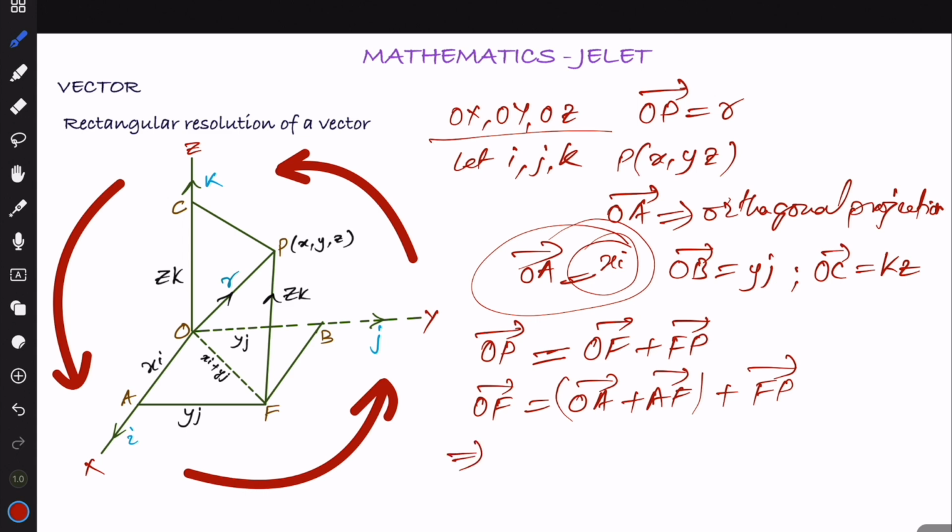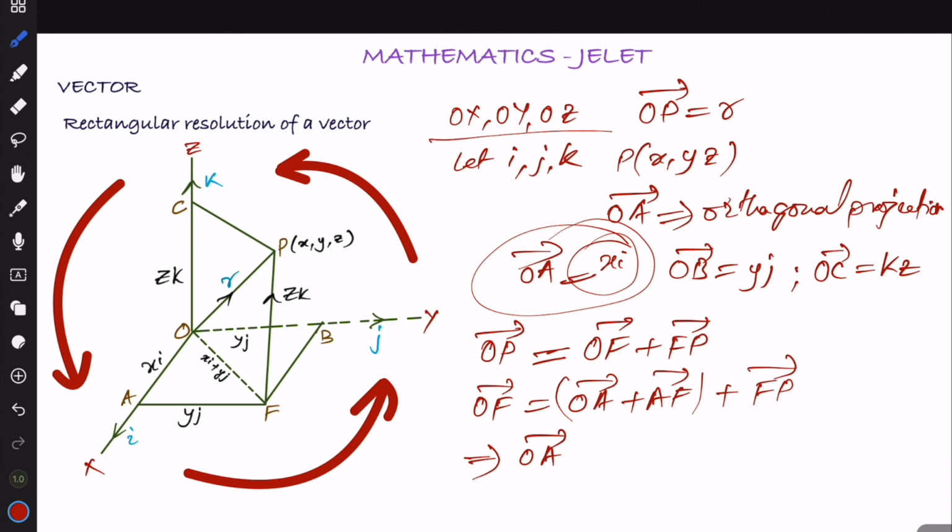Now we can say that vector OA plus vector AF.